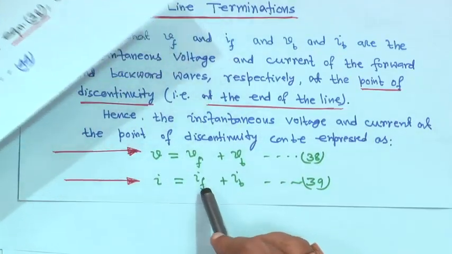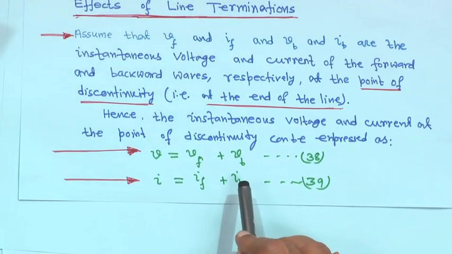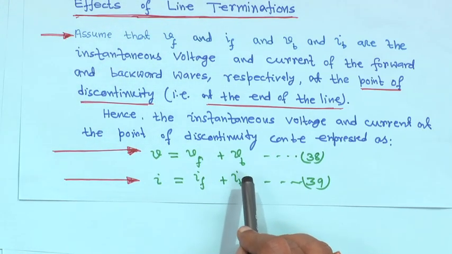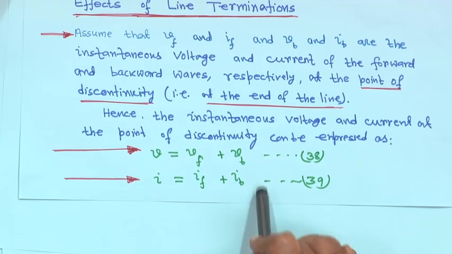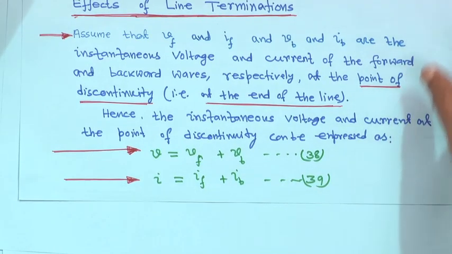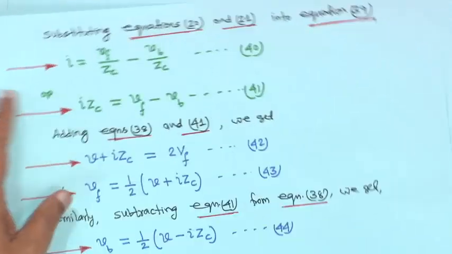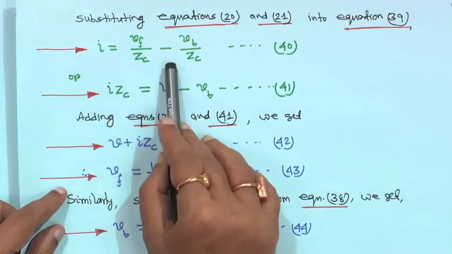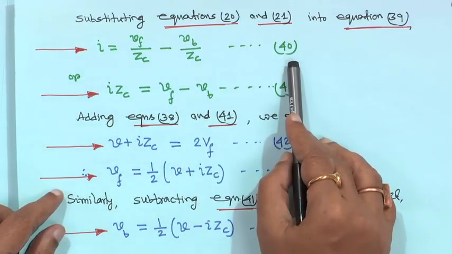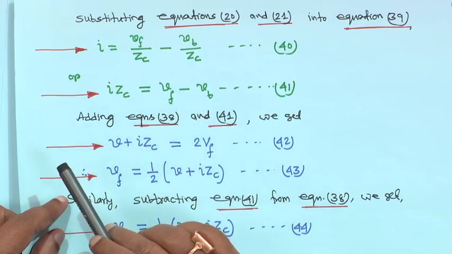Here you put If is equal to Vf upon Zc and here you put Ib is equal to minus Vb by Zc. I am not showing equations 20 and 21 again, it is understandable. If you do so, you will get I is equal to Vf upon Zc minus Vb upon Zc. This is equation 40. That means I into Zc is equal to Vf minus Vb.